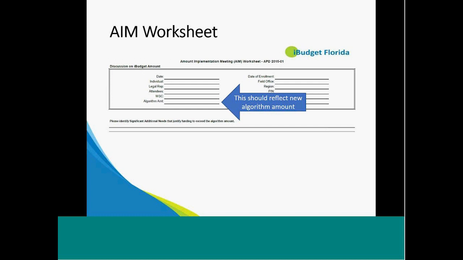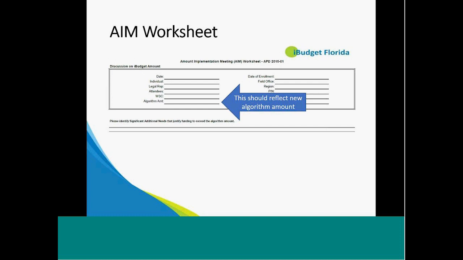We talked about that. So anytime there's a change in living setting or a change in age or something else that changes the individual's algorithm amount, you have to do a new AIM worksheet. The algorithm amount that you put here should be the new algorithm amount for that individual. Because the purpose of this is for us to be sure that you're discussing the new amount with your consumer and their support team, and you're still in need of additional funds.